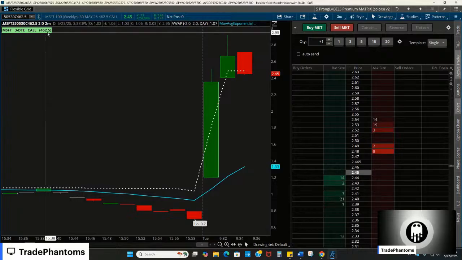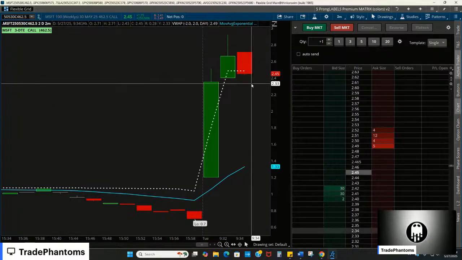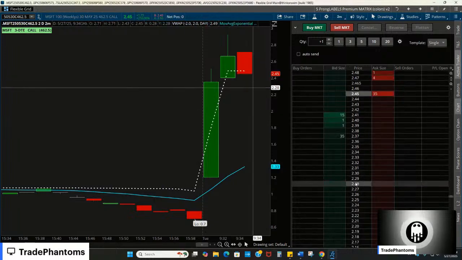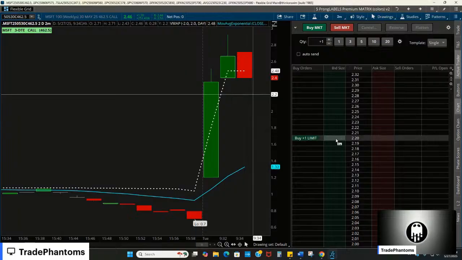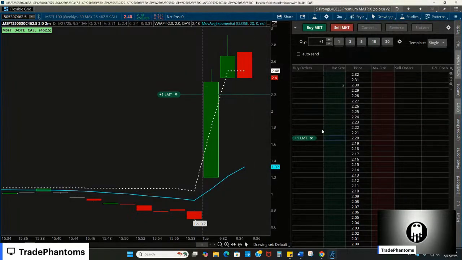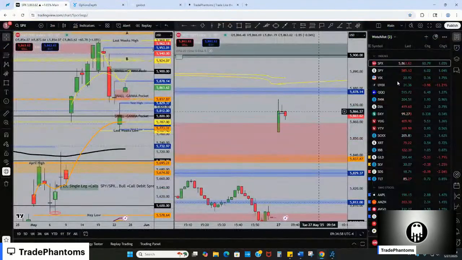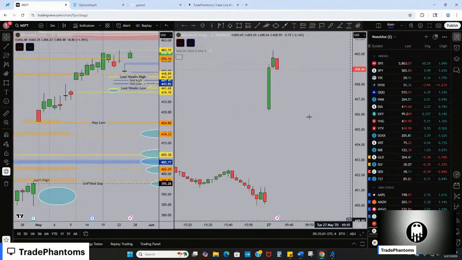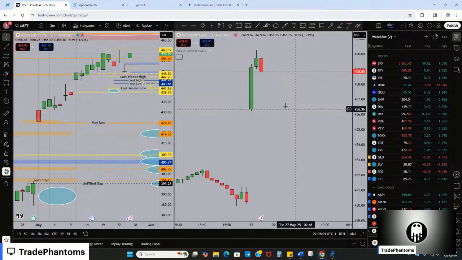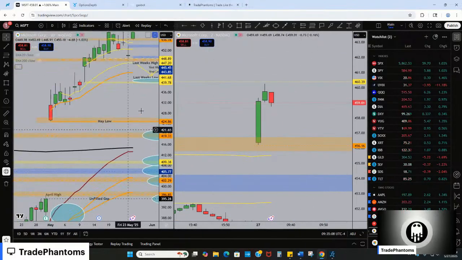This is a Microsoft 462 strike call. Okay, you may put in a limit here for maybe 220, so you can get a little bit of a pullback. All right, so put in a bid there. Because I didn't want to chase that up into this weekly high.